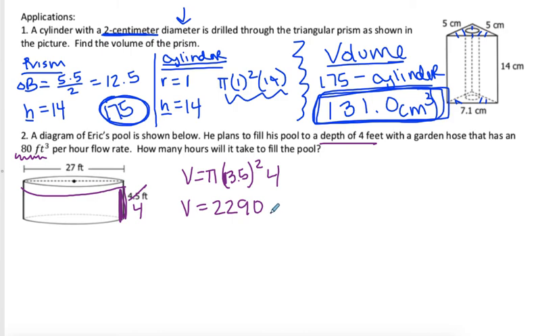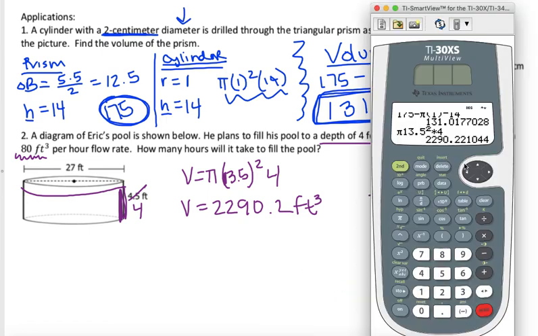So in total, we are filling this with 2,290.2, I think, double check. Yep, 0.2 will be our volume, but that's not how many hours. That's how many feet cubed we need to fill. So to get hours, we take our volume and divide by the flow rate, the 80, because that's how fast it's filling per hour.